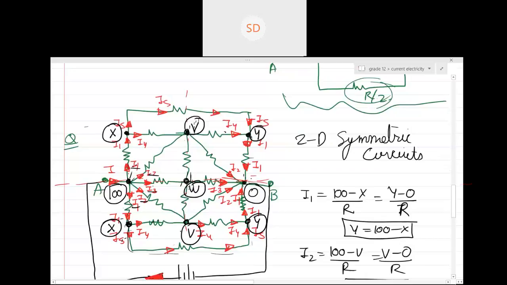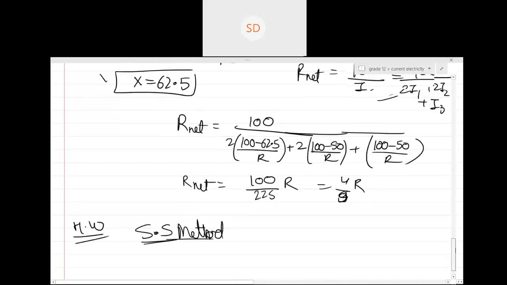If you want to club them to only one, then how many different variables will you have? You will have 100, X, 50, 37.5, and 0. Only 5 things will be there, and then draw the circuit accordingly and try to solve it. If you couldn't, then I will do it in the next class. No problem. Is it 5R by 11? No, the answer is 4R by 9. 4R by 9.